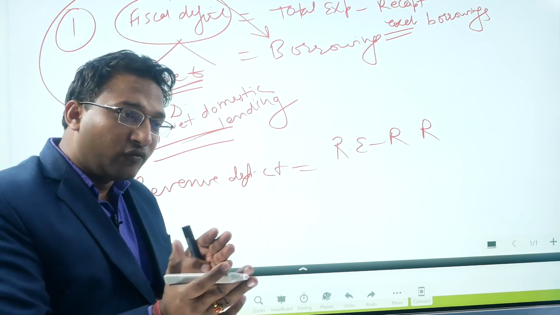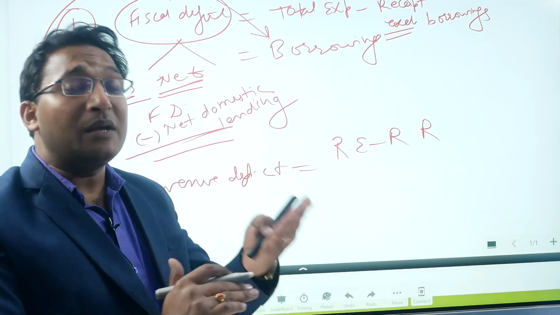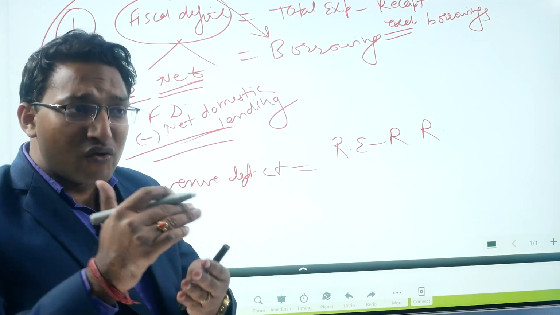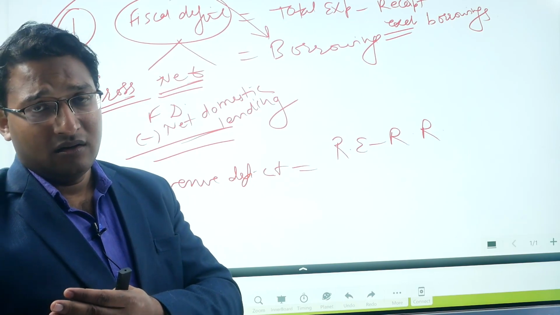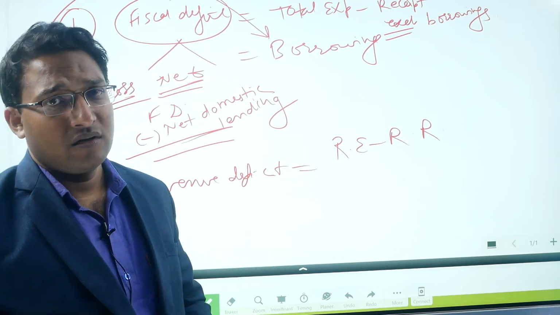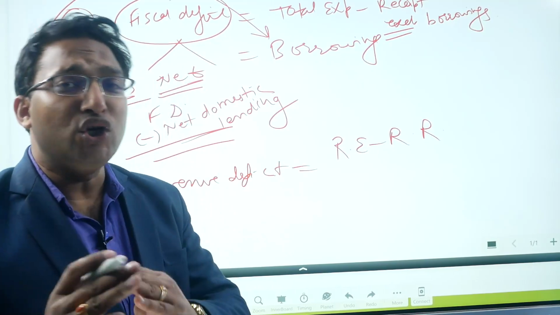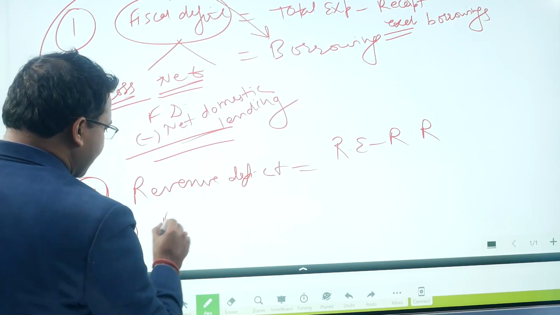In case of capital expenditure, there is some asset being built, right? But in case of revenue expenditure, no asset is being built. It is pure consumption. This is a cause of concern. Revenue deficit should be almost zero. Third is primary deficit.